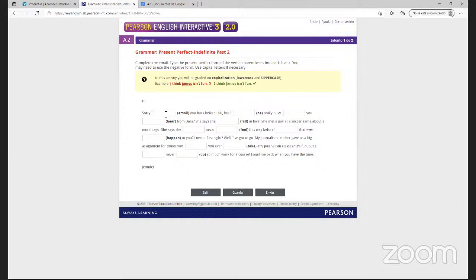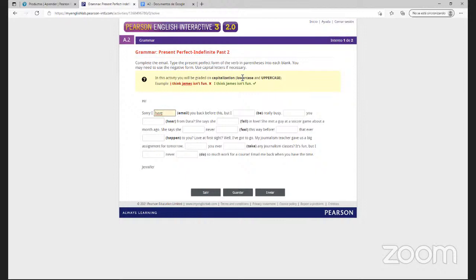Okay. So you have to complete, right? Sorry, I haven't, right? Because they say I need to use the negative.